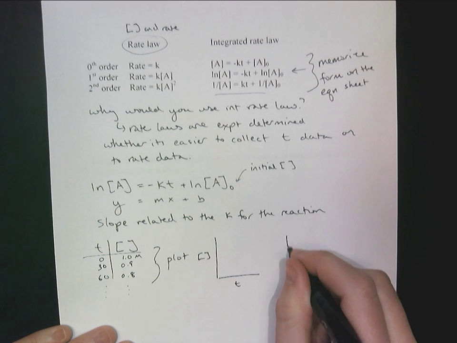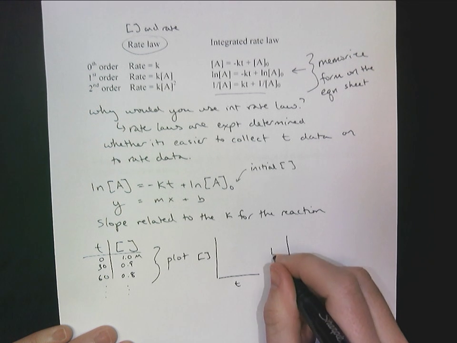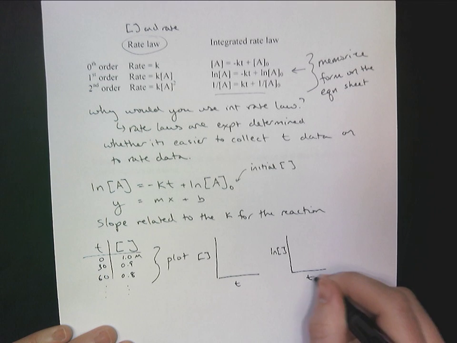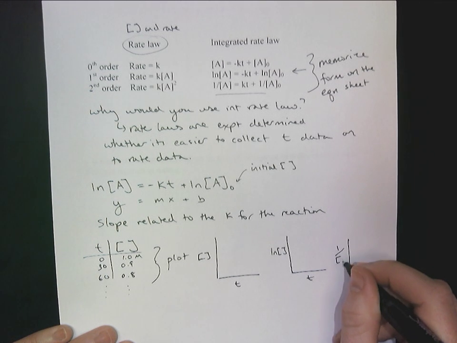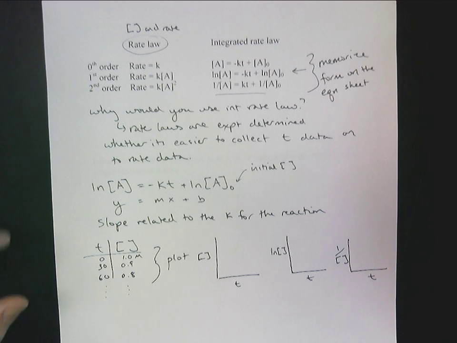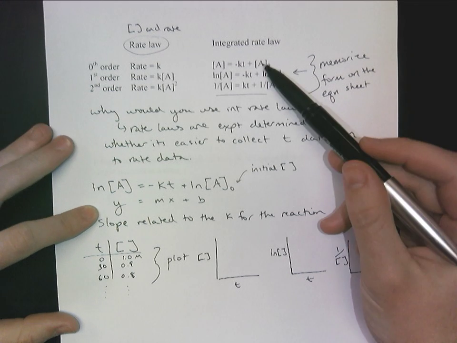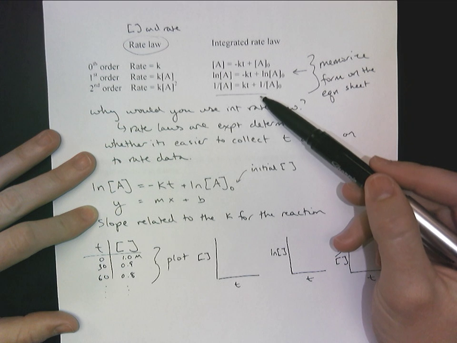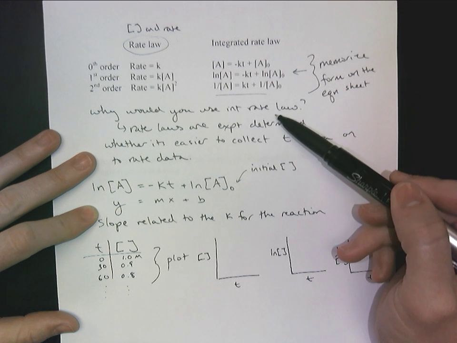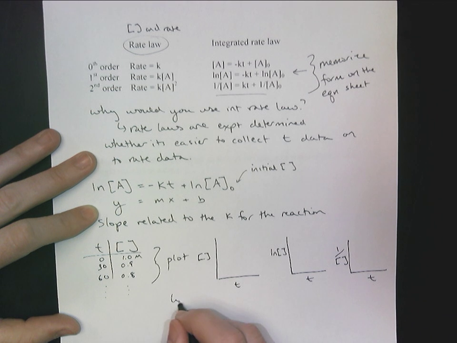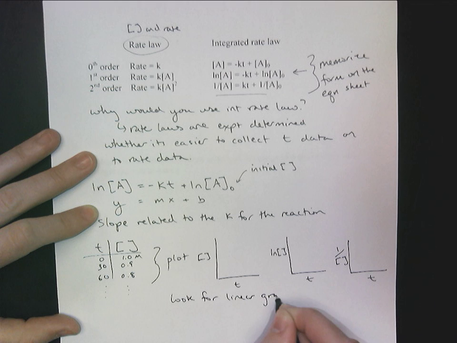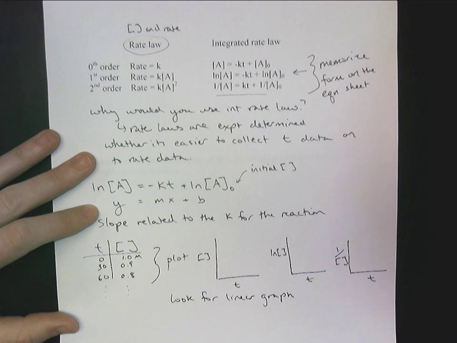You'd have to plot it like this, the natural log of the concentration versus time. And finally, 1 over concentration versus time, right? Essentially what we're doing is we know that each of the integrated rate laws takes each of these forms. Whichever of these graphs of the data is linear is going to tell you what rate law it is.